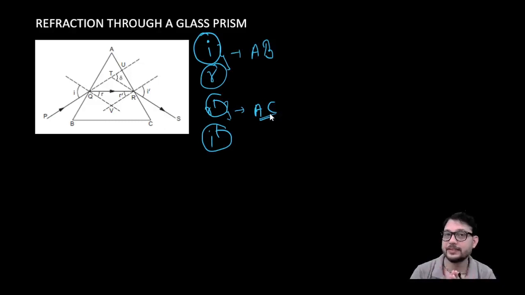You can assume any symbol, but I and R are the standard symbols for the angle of incidence and refraction, which is why we have chosen I, R, I dash, R dash.